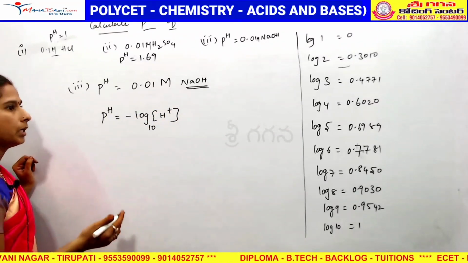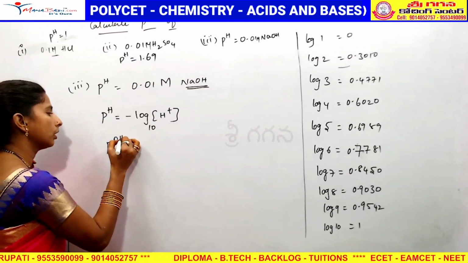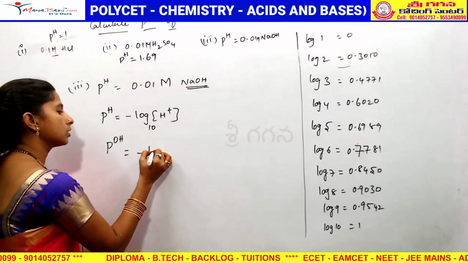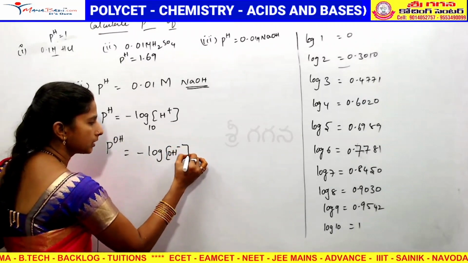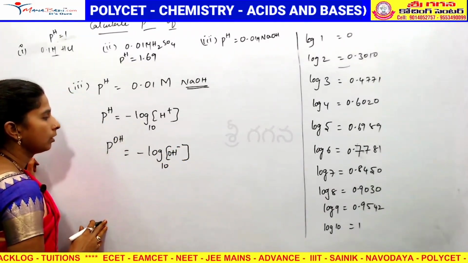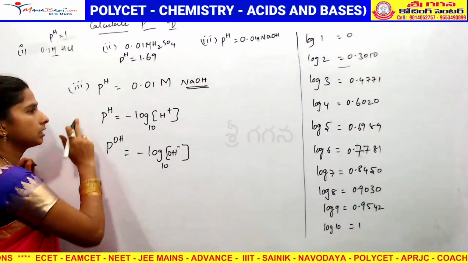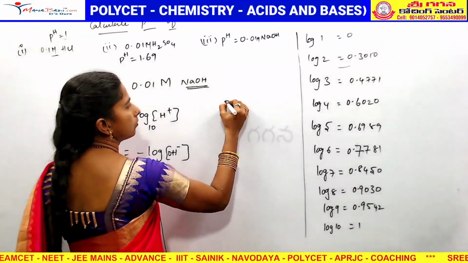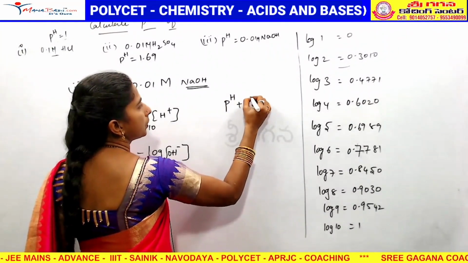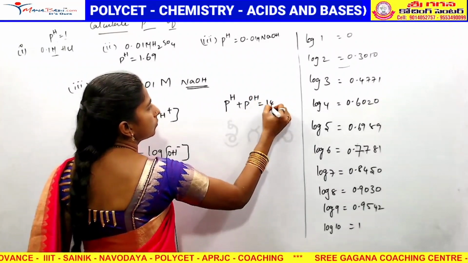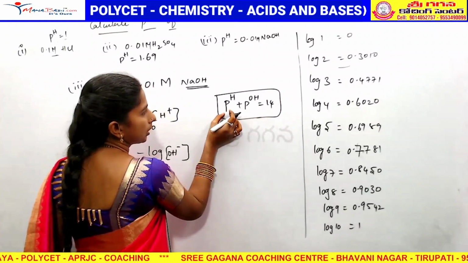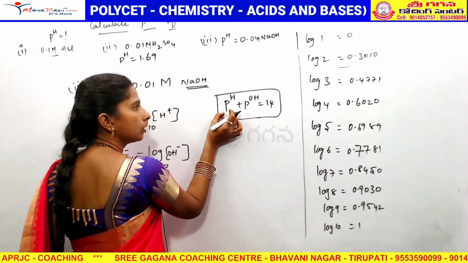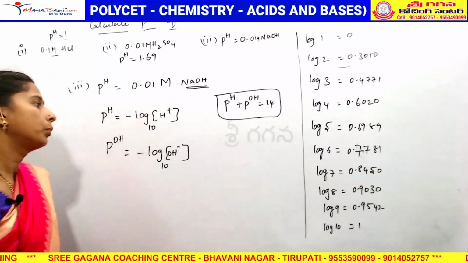Like that, for base it is pOH. pOH is equal to minus log concentration of OH minus ion, base 10. What is the relation between pH and pOH? They have one equation: pH plus pOH is equal to 14. So if you find the pOH, you can calculate pH, and if you find the pH, you can calculate the pOH.